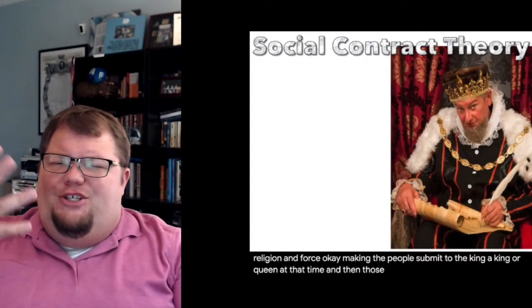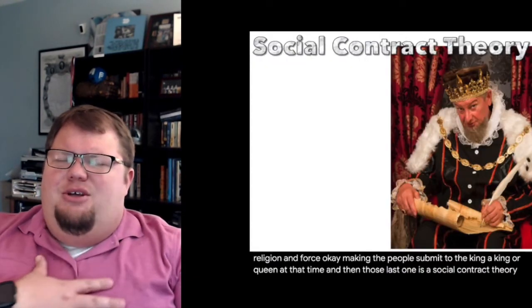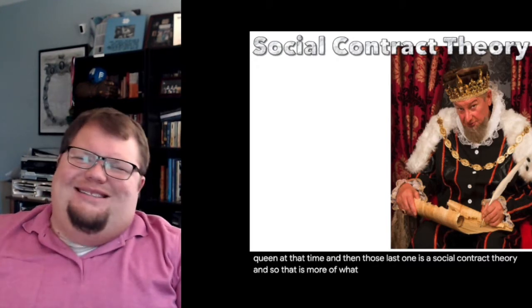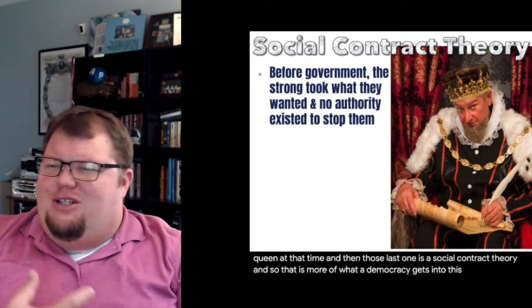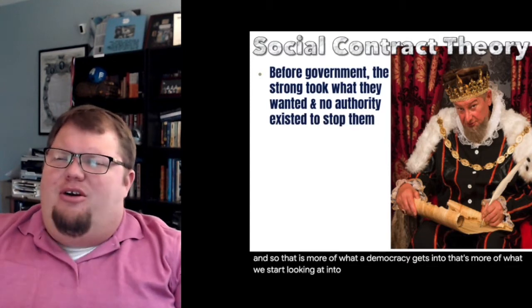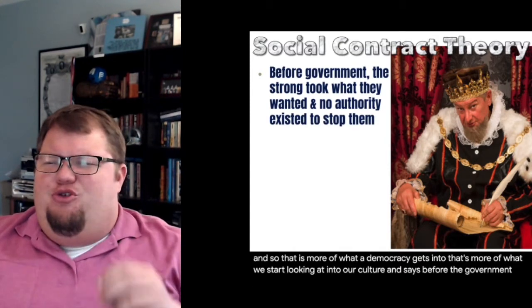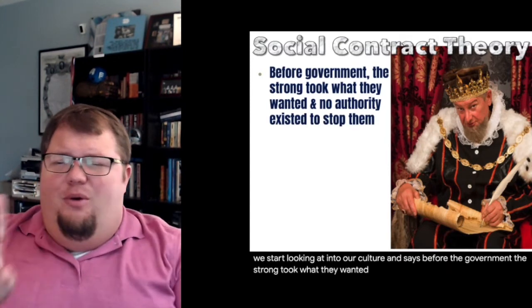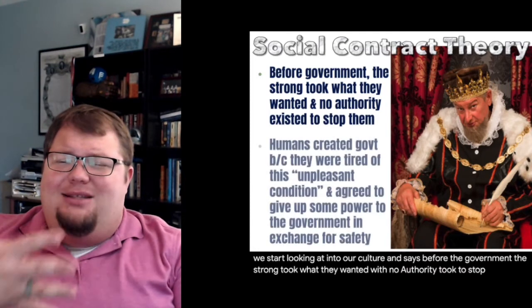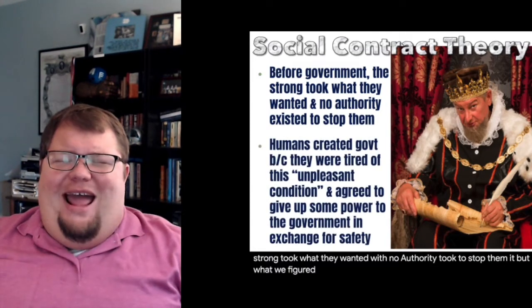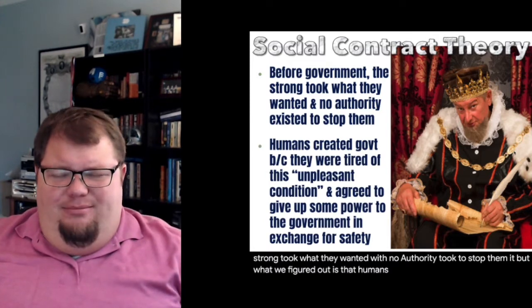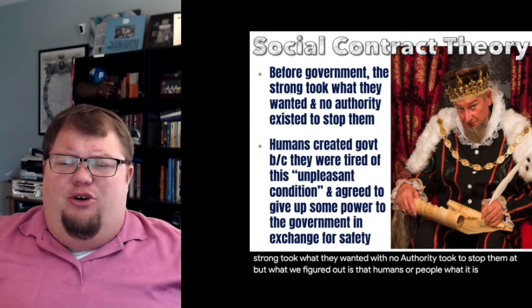And then this last one is the social contract theory. And so that is more of what a democracy gets into. That's more of what we start looking at into our culture, and says, before the government, the strong took what they wanted with no authority to stop them. But what we figured out is that humans or people would deserve certain rights.